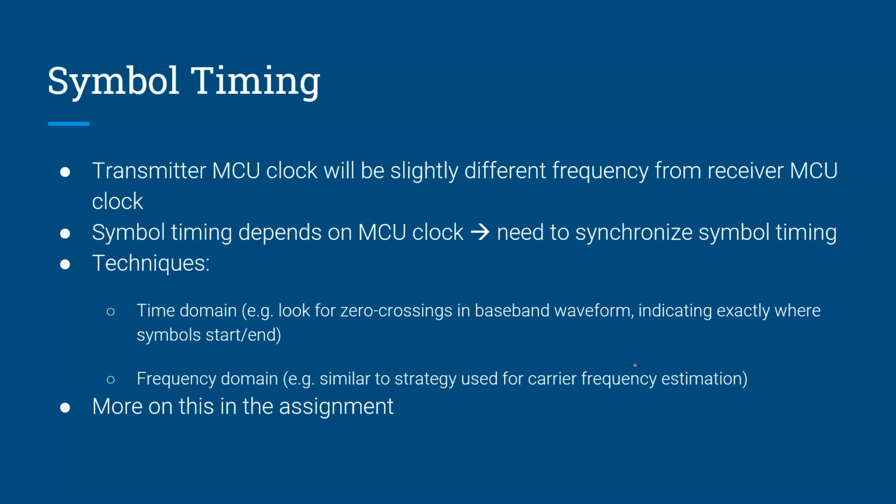You can also do it in the frequency domain using a similar strategy to the carrier frequency estimation. And yeah, I say more on this in the assignment. So I'll write up an explanation of how these methods work in the assignment document when I post that. But yeah, that's it for symbol timing at least. So any questions on that?